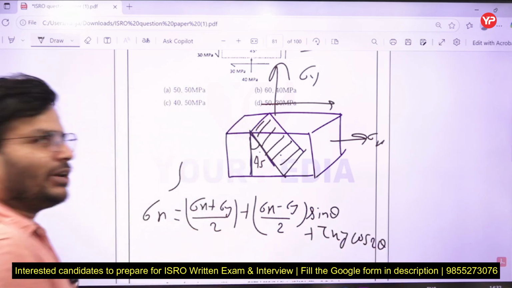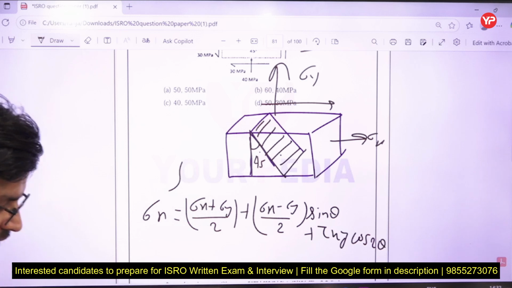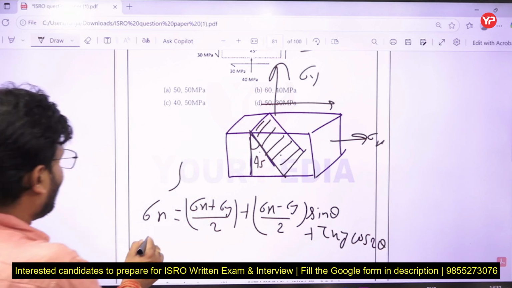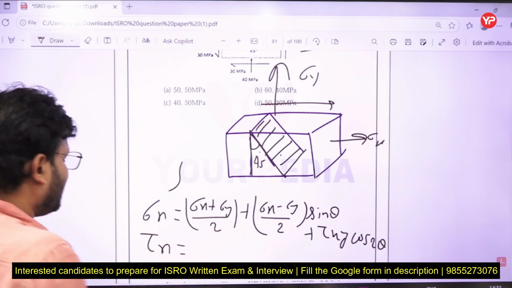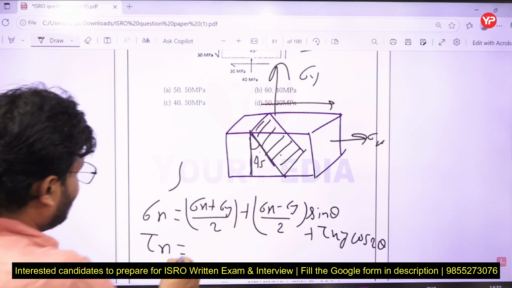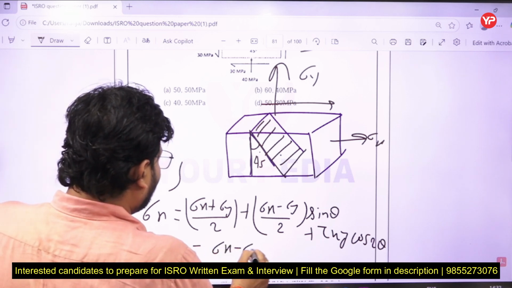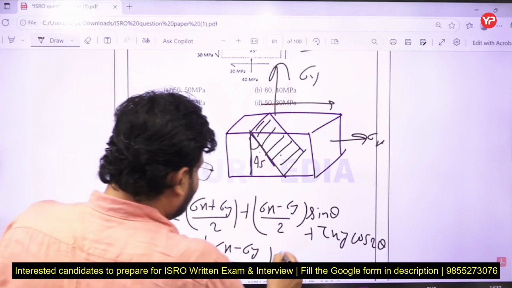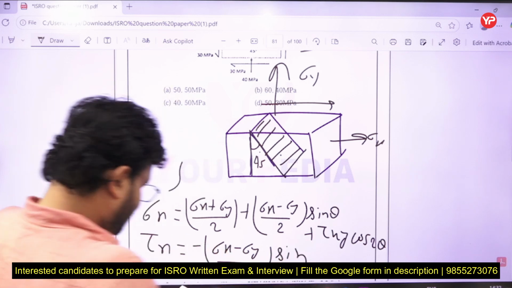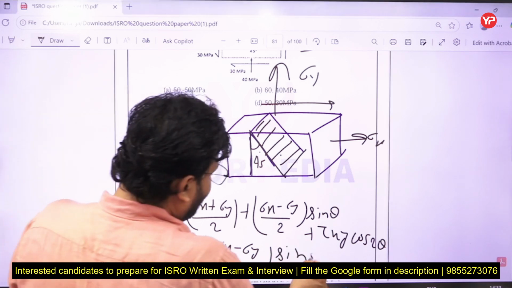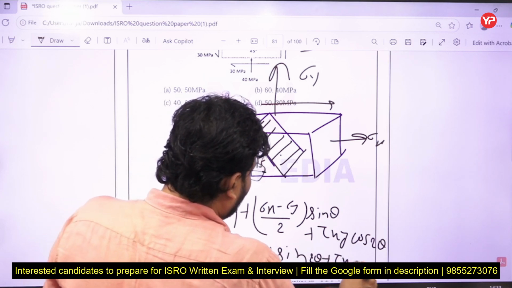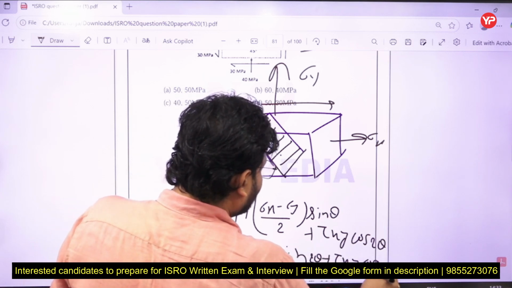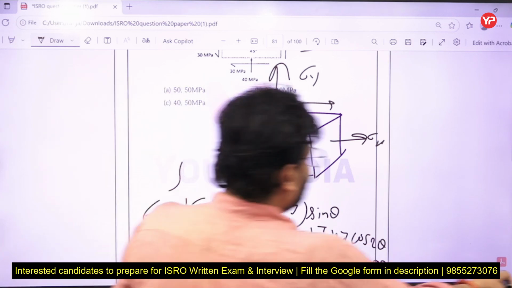If you have to calculate the shear stress tau on that oblique plane, it is given by minus (sigma x minus sigma y)/2 cos 2 theta, sin 2 theta will be plus tau xy cos 2 theta. That is the formula you have to keep in mind.